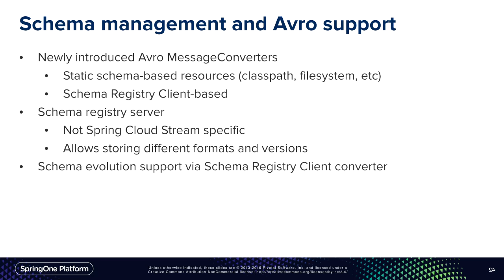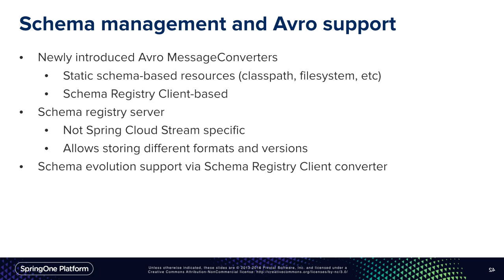So what happens is that we've added a schema registry server that can store your schemas, and that allows you to store different formats and versions for your data. It's not necessarily something you can use only from within Spring Cloud Stream.